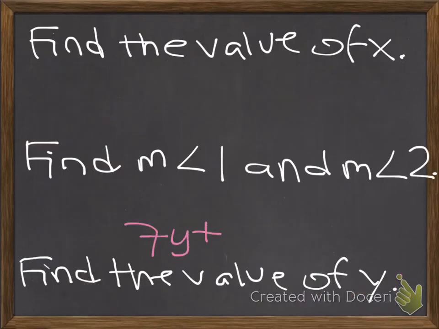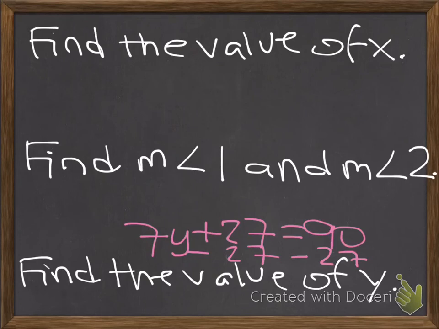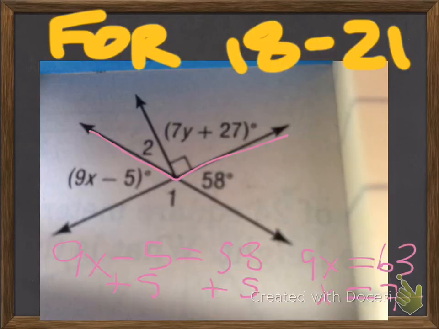So we can kind of jump around here. So that also gives us 63 equals 7y. So y would be 9. And then if we have 9 here, and this is 7 here, we have 63 minus, so this is 58.